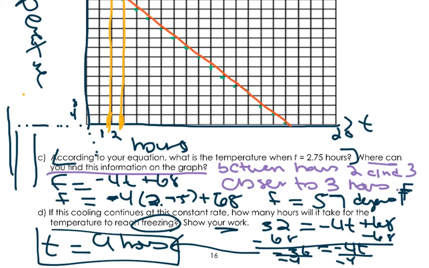Don't forget your units. Now, if you always want to check yourself, you could go over to hour 9. So 1, 2, 3, 4, 5, 6, 7, 8, 9. So we're looking at it right here.